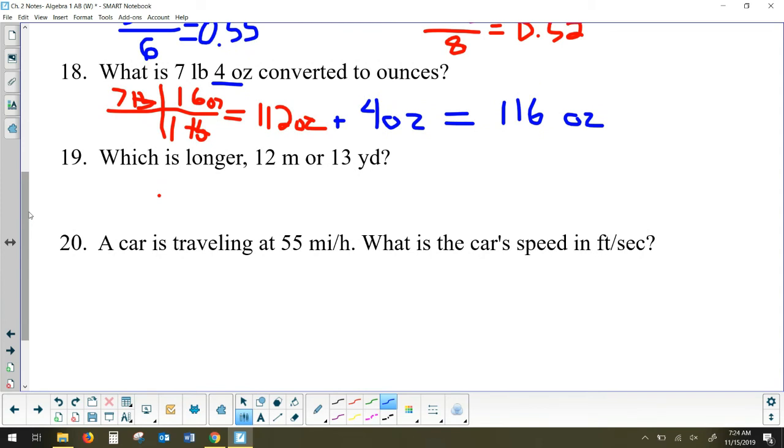We want to know which is longer, 12 meters or 13 yards. We have to have the same measurement. So you either have to make 12 meters into yards or you have to make 13 yards into meters. I chose to make 13 yards into meters. You can choose to do it however you want. 13 yards. How many yards are in a meter? You look back at that conversion chart, and I promise on Monday I'll have big ones printed out for you.